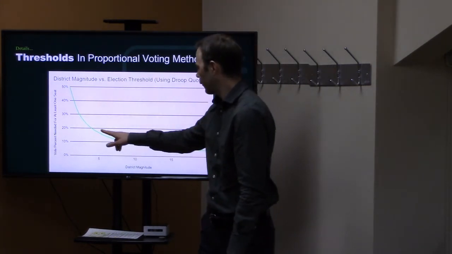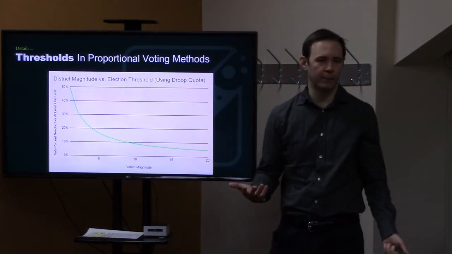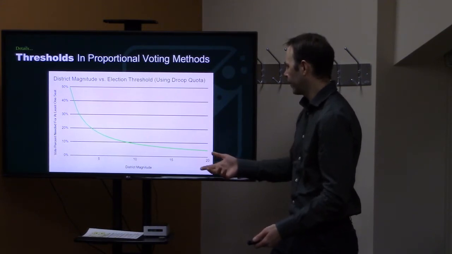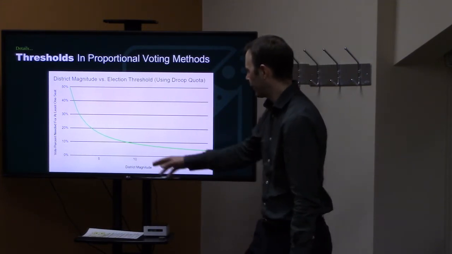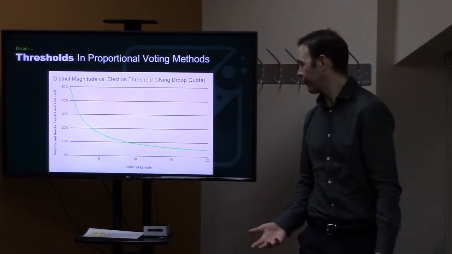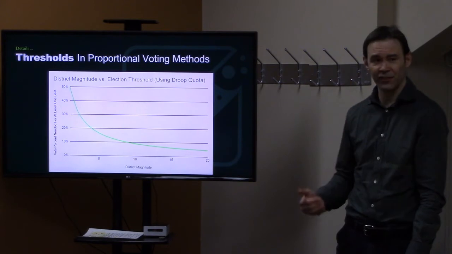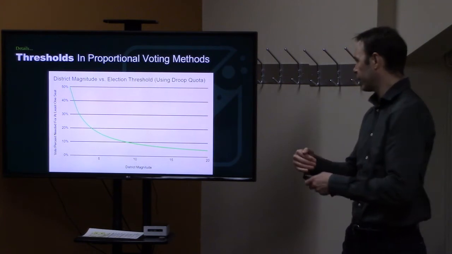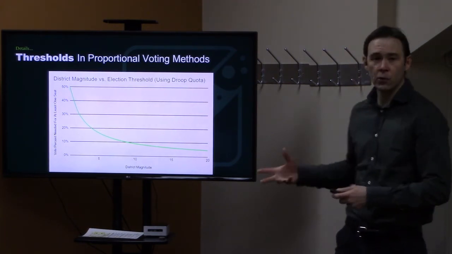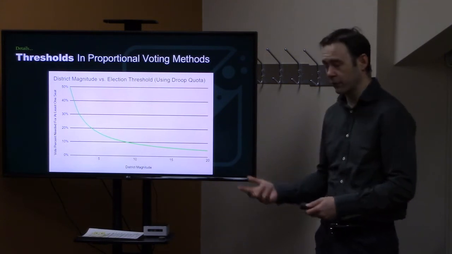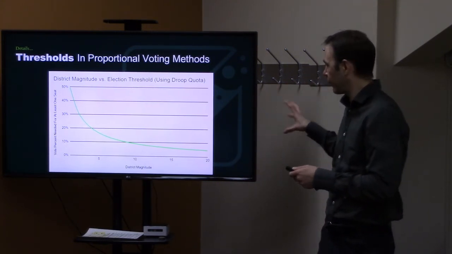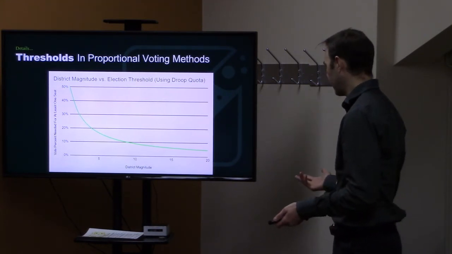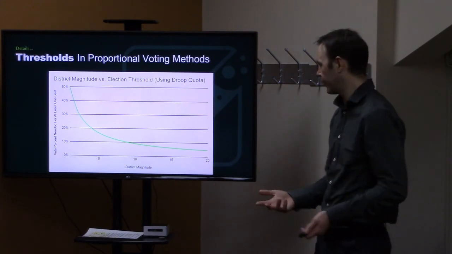Because if it's too few, say you're trying to get some minority group representation, and they make up 10% of the population, but your district size is 5, the threshold they need to get someone elected is 15%. They're not going to be able to hit that threshold. So it's really important not only that you're using a good proportional method that gives a proportional outcome when it has the opportunity to, but also that it fits your logistical issues, in terms of what kind of software you have available and what ballot design or complexity you're willing to tolerate.